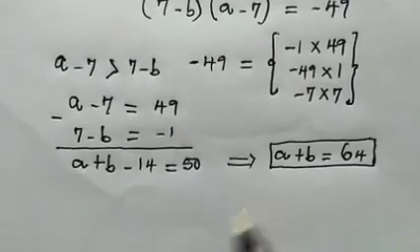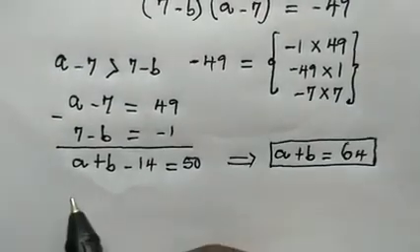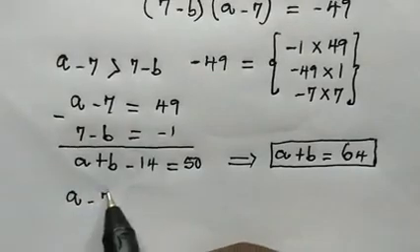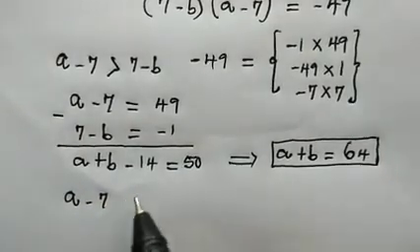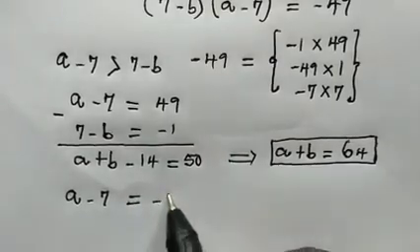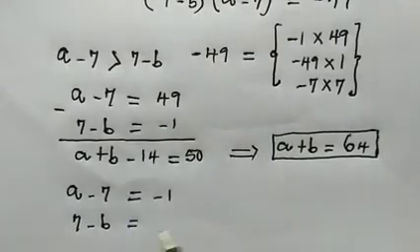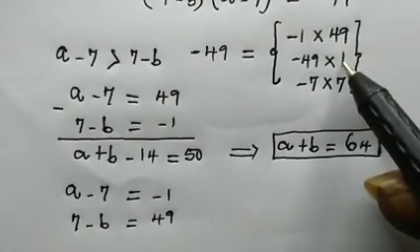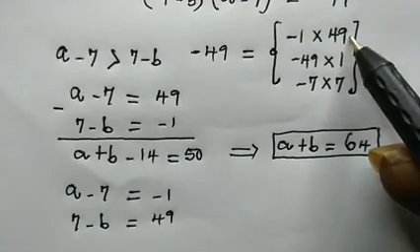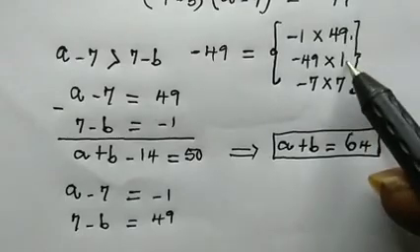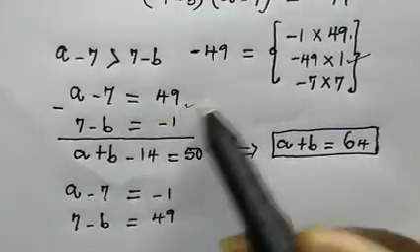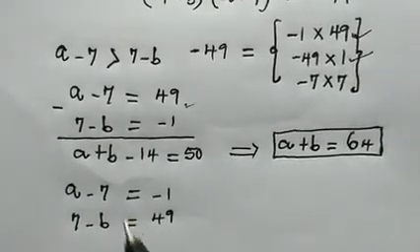Then in our second case, we have a minus 7. Let's assume that it is less than 7 minus b. So we let it equal negative 1, and 7 minus b we let equal 49, right? We just made use of this one in the first case, and this one in the second case.